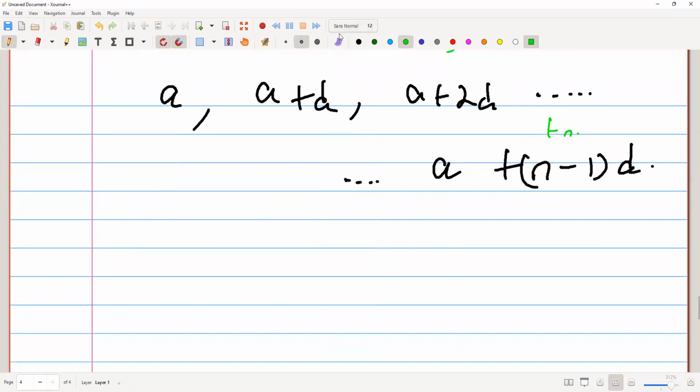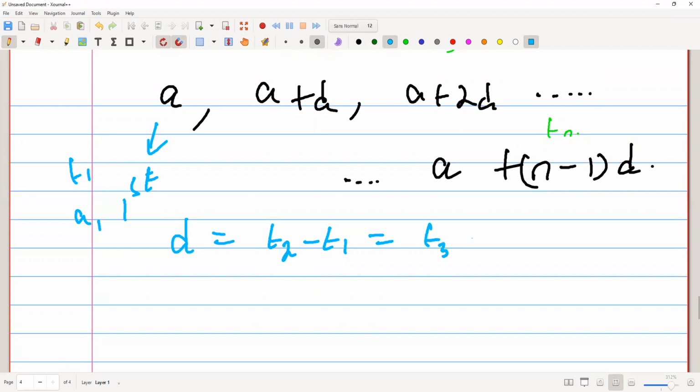To find next, what will be working is to find the common difference. D, the common difference, where A is the first term, or T1. Sometimes they'll be putting A1 also. Don't get confused. D is the common difference, which is T2 minus T1 or T3 minus T2 or T4 minus T3. Anything will be giving you the common difference.